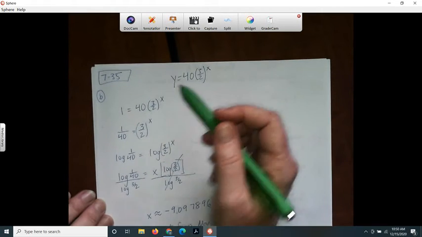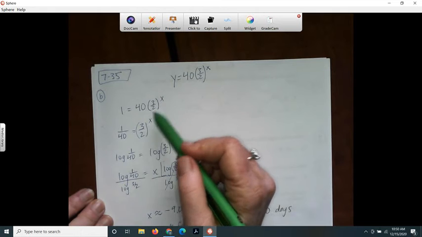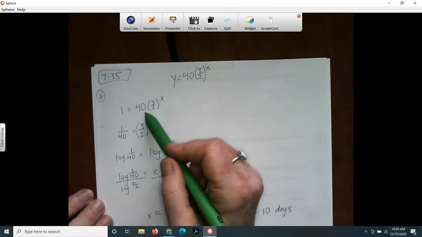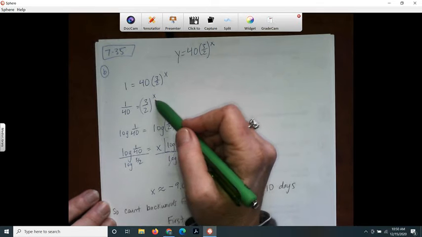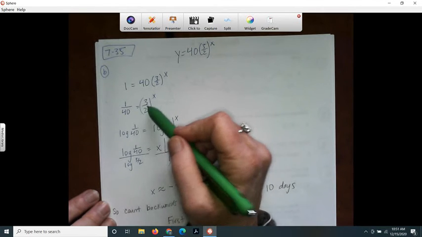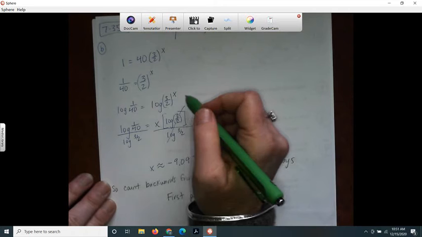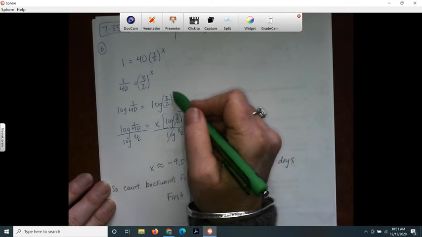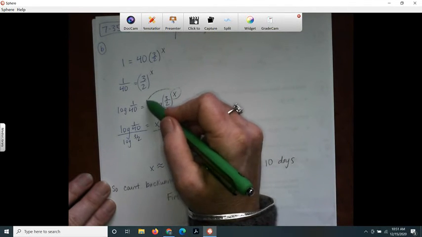I just want to get this x down, but first I have to isolate it, so I'm going to divide both sides by 40. Now I can log both sides of the equal sign. Now that there's a logarithm involved, I can use the power property of logarithms to let the x come out front.